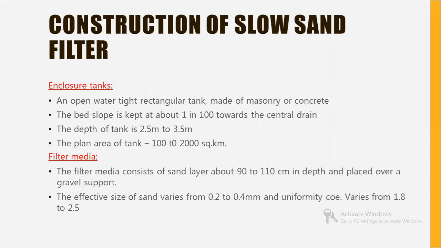The bed slope is kept at about 1 in 100 towards the central drain. The depth of tank is 2.5 m to 3.5 m. The plain area of tank is 100 to 2000 square meters.